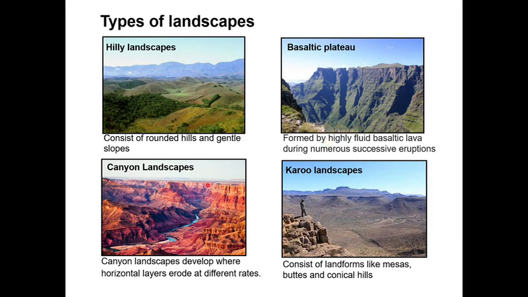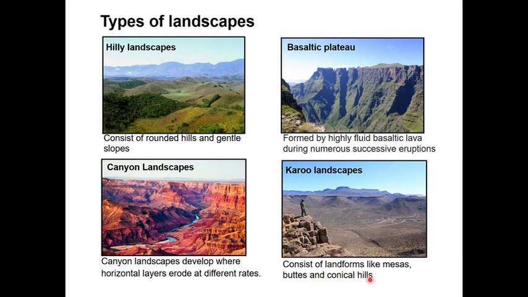And then your canyon landscapes. There you can see canyon landscapes develop where you also have your horizontal layers, but they erode at different rates, because you've got hard and soft layers in your canyon landscapes. And then the Karoo landscapes that you find here in South Africa consist of landforms like mesas, buttes, and conical hills.